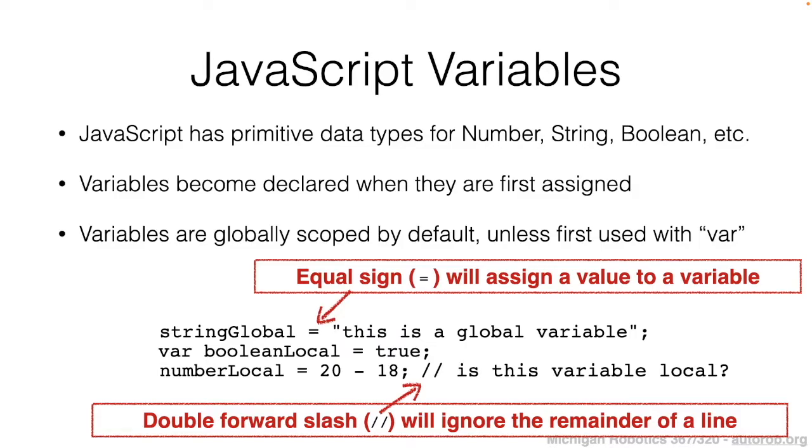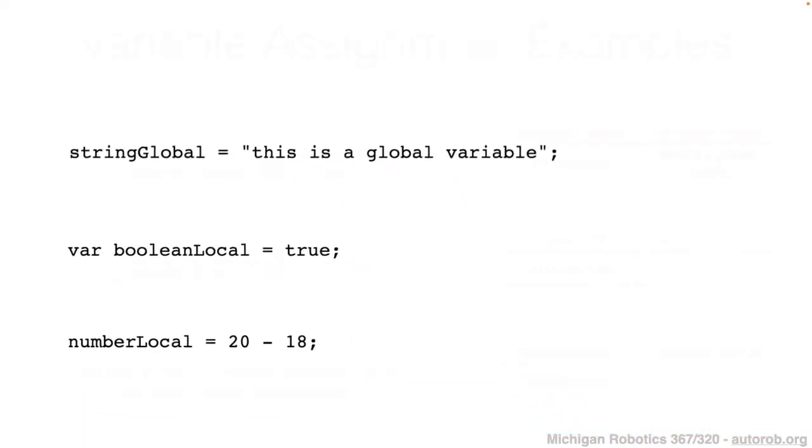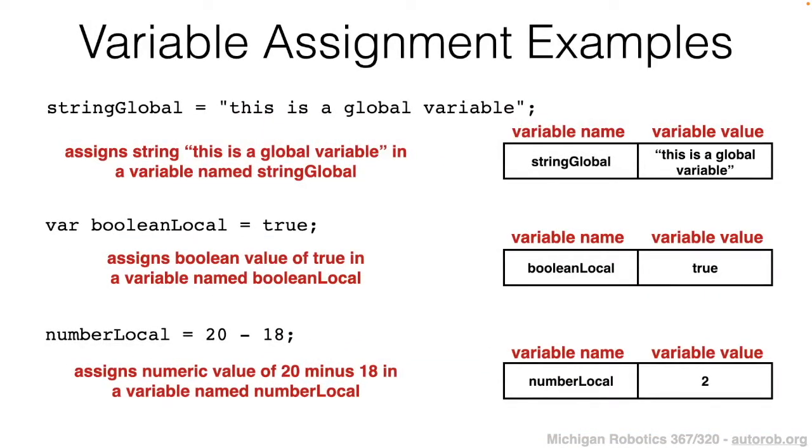All right, so to make this a little bit clearer, maybe we could break down each one of these examples and look at precisely what each one is doing. In the first example, we have string global being assigned this data that is a string, "this is a global variable." The variable name in this case is string global. The variable value is that string.